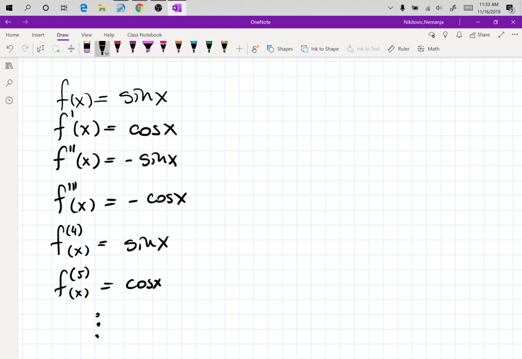So when you are transferring your function into a Taylor polynomial, you have to find a whole bunch of derivatives first. Okay? Now that you have that, you are going to write out your Taylor polynomial. We can do it here on the side.